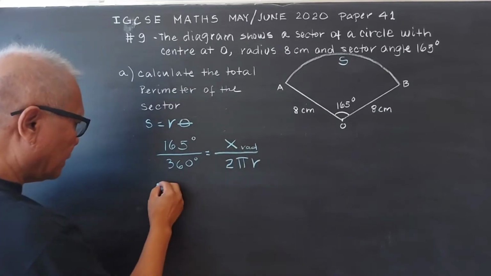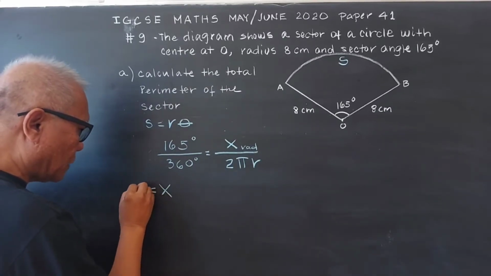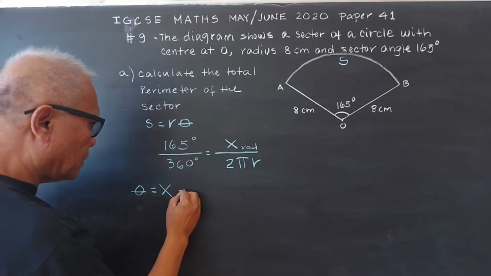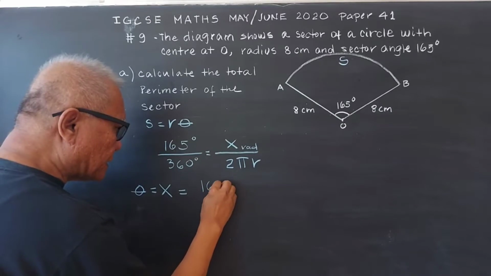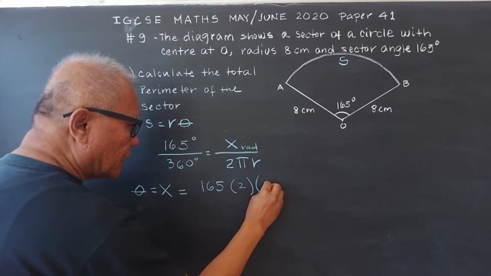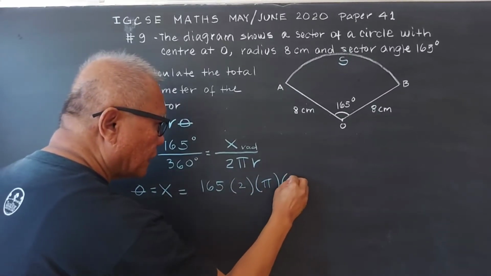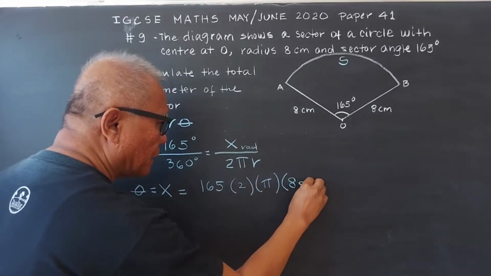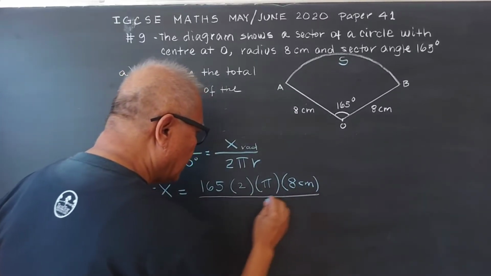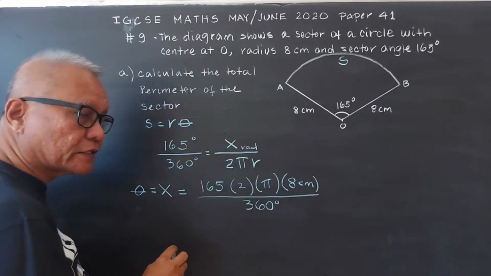So we have here x, which is actually our theta in radians, is equal to 165 times 2 times pi times the radius of 8 cm, then we divide this by 360 degrees.